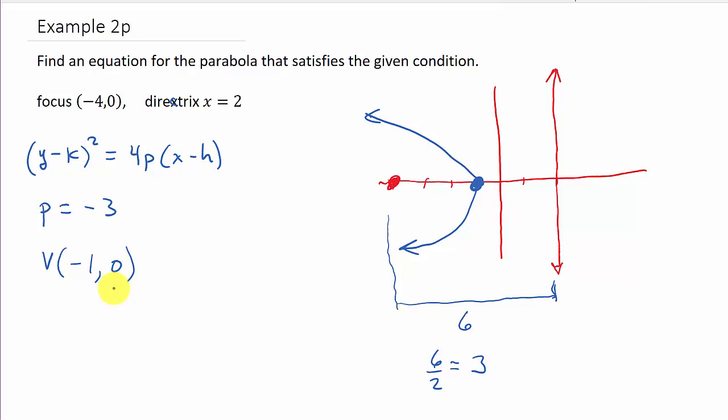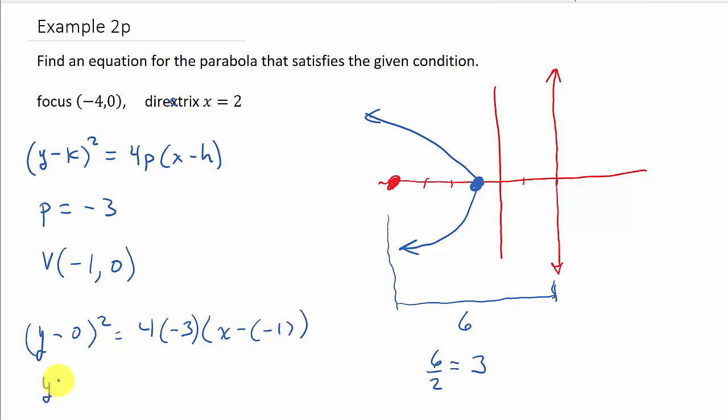And so now the equation of our parabola is y minus 0 squared equals 4 times p, and p is -3, times x minus h, and h is -1. So x minus -1.